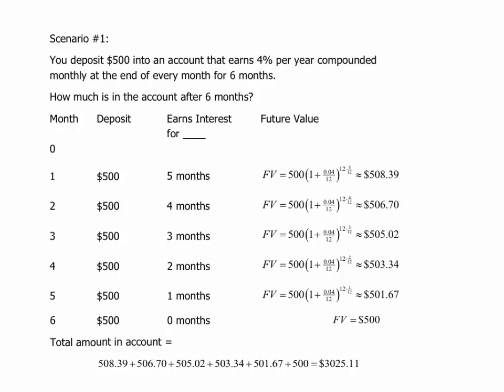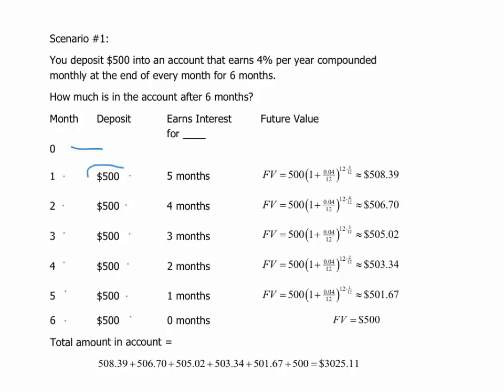When we first open the account, we don't have any money in there. We deposit at the end of the first month. So this is month 0, month 1, month 2, month 3, 4, 5, and 6. Each time we're depositing $500 at the end of every month.